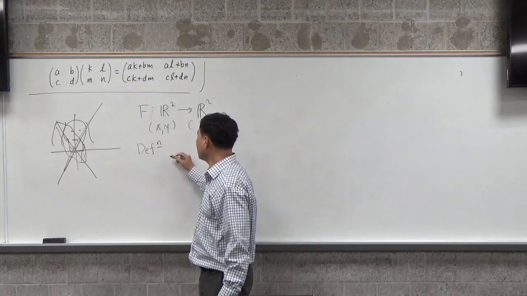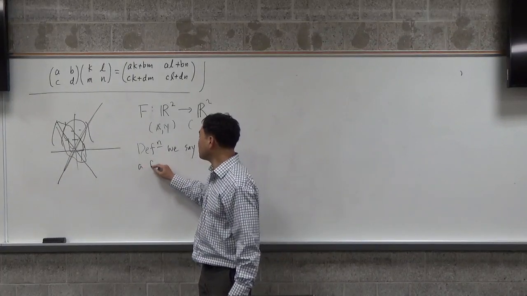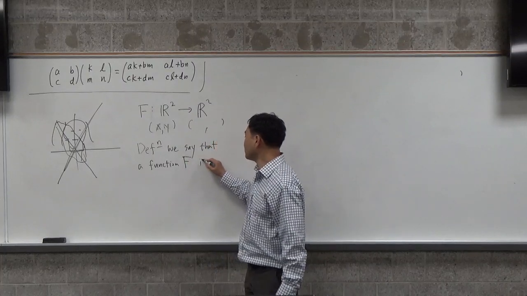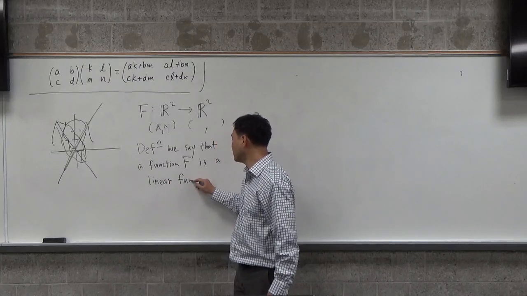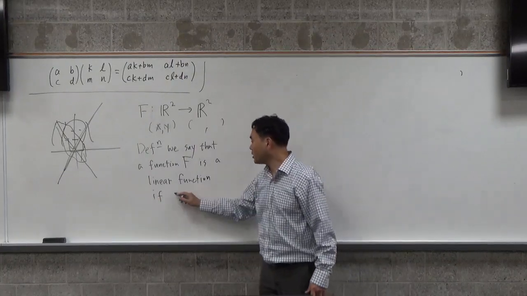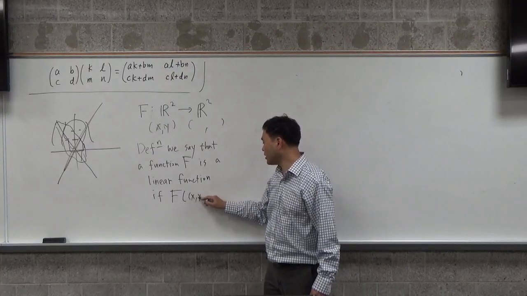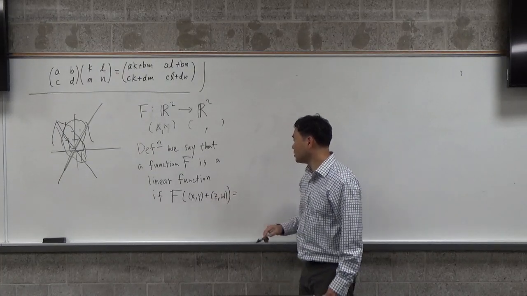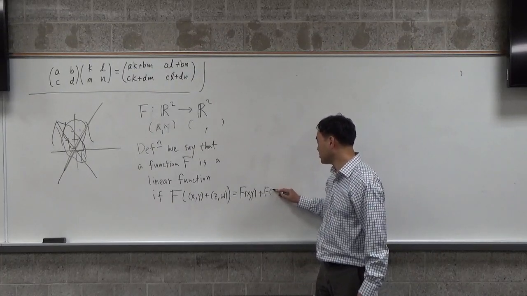And we say, definition, we say that a function f is a linear function if f of (x, y) plus (z, w) is equal to f of (x, y) plus f of (z, w).